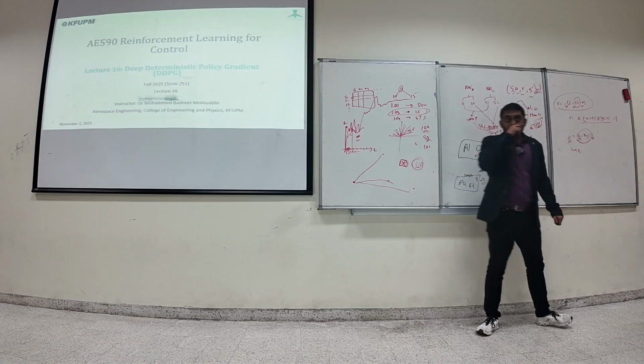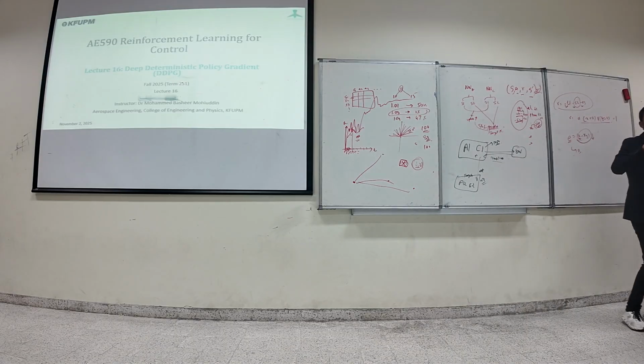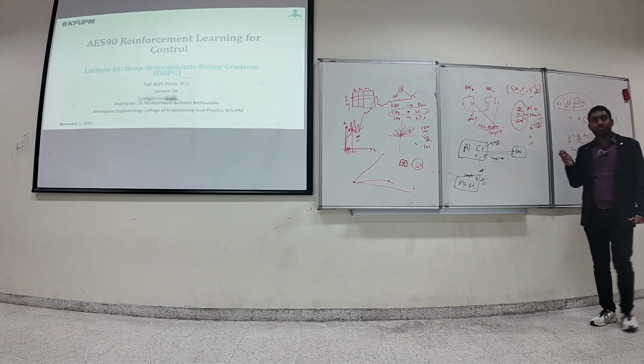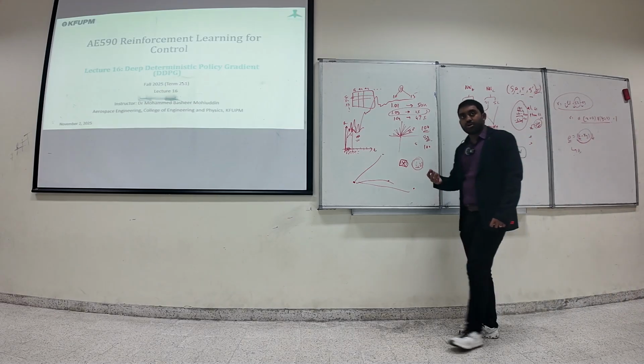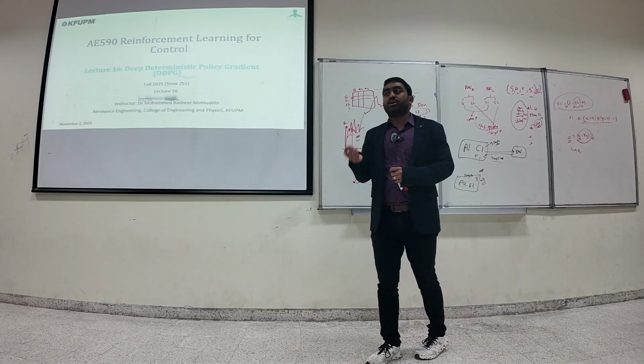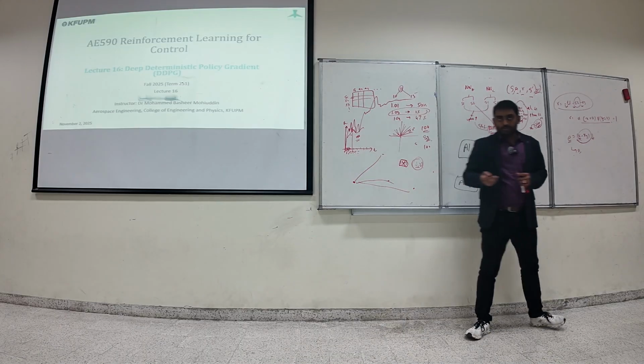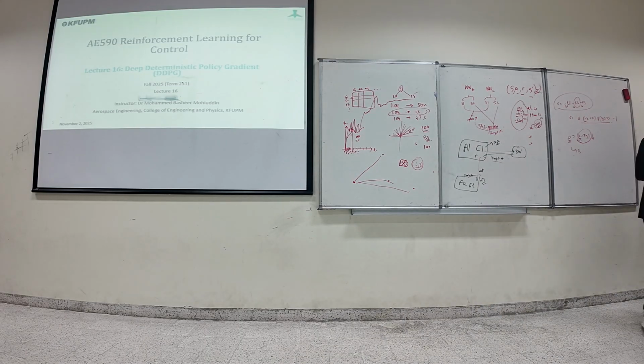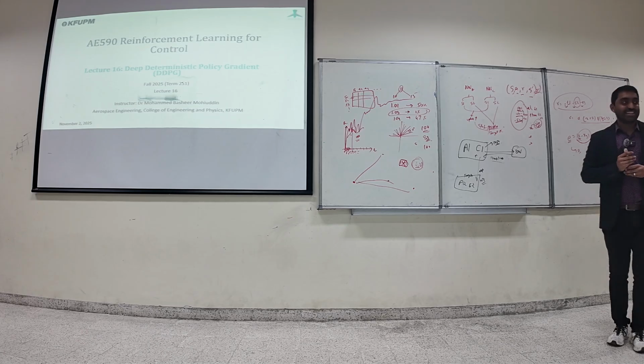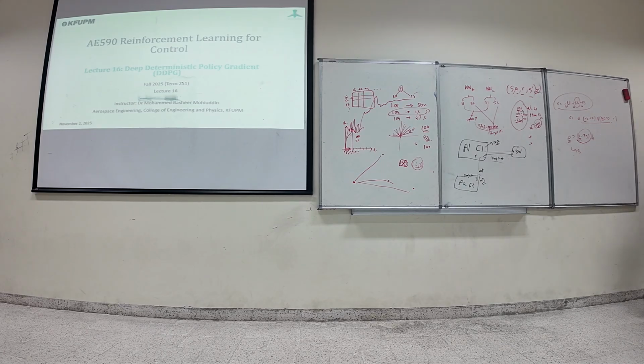But these four are something that you will come across quite often, and I'm sure even when working on your projects, you might have come across these four algorithms quite often, right? DDPG is not policy gradient, it's actor critic. I'll talk about that as well.